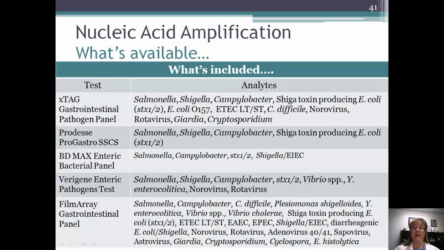Whereas something like the FilmArray looks for those pathogens as well as a significant number of viruses, parasites, and other bacteria as well. So again, it's pretty much up to you which assay you would want to choose based on what you would expect to find in your patient population.